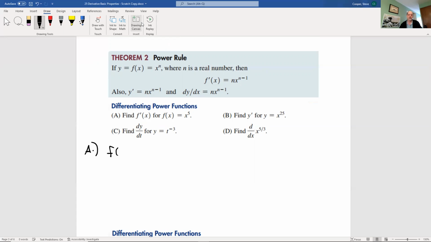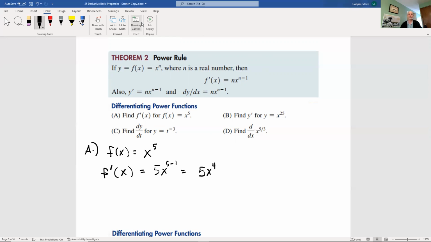So if f of x is equal to x to the 5th, then f prime of x is equal to, well, I take 5 down in front of x, multiply it by x to the 5 minus 1. So of course that's going to be f prime of x equals 5x to the 4th.